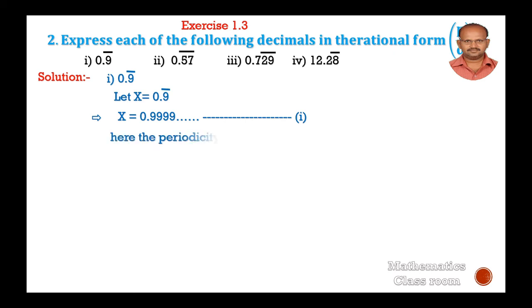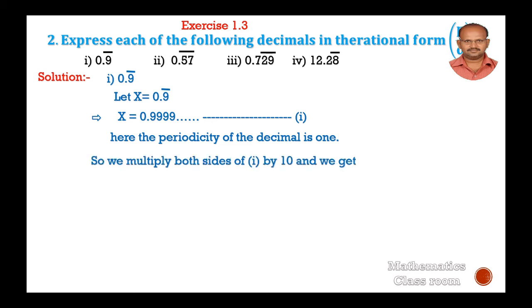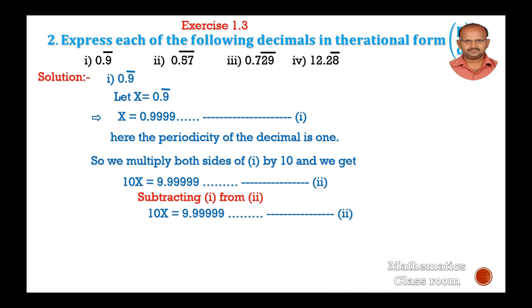Here the periodicity of the decimal is 1. So we multiply both sides of 1 by 10 and we get 10x is equal to 9.99 and so on. It is equation number 2.